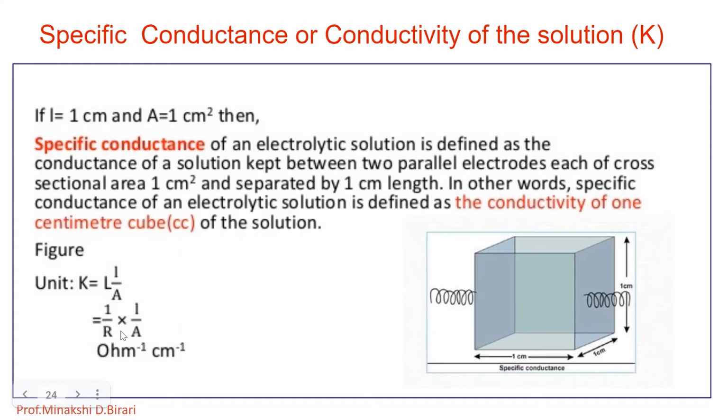If we put these units, we get the reciprocal of resistance, that is ohm raised to minus 1, L centimeter, then area centimeter square. So it becomes centimeter raised to minus 1. So what is the unit of specific conductance? It becomes mho per centimeter. The SI unit of specific resistance is ohm centimeter, and the unit of specific conductance is ohm inverse per centimeter, that means mho per centimeter.